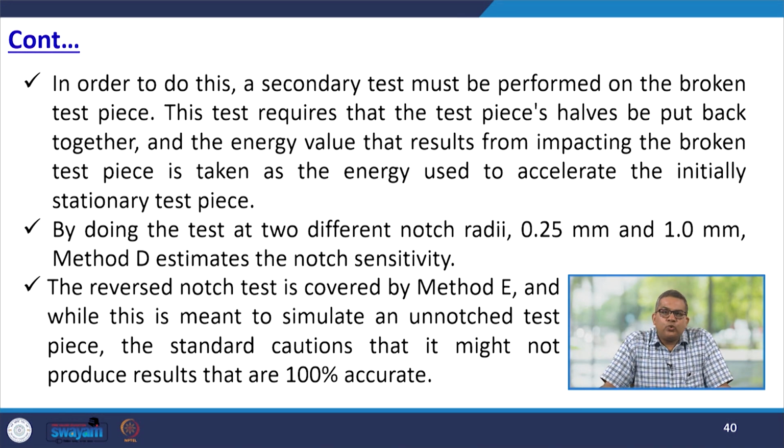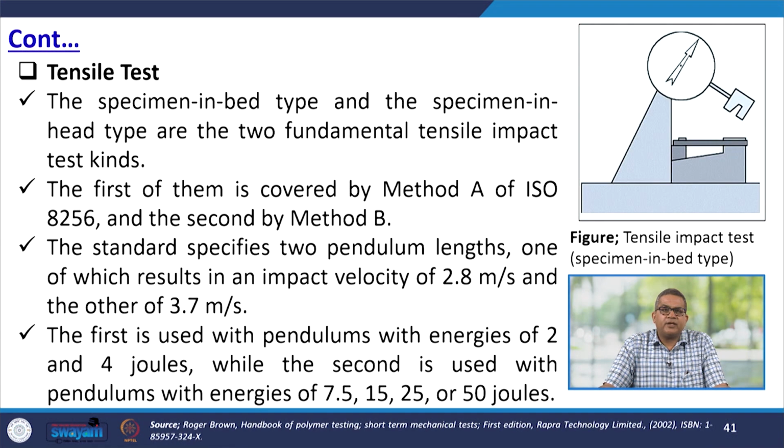By doing the test at two different notch radii of 0.25 mm and 1 mm, method D estimates the notch sensitivity. The reversed notch test is covered by method E, and while this is meant to simulate an unnotched test piece, the standard cautions that it might not produce results that are 100% accurate.